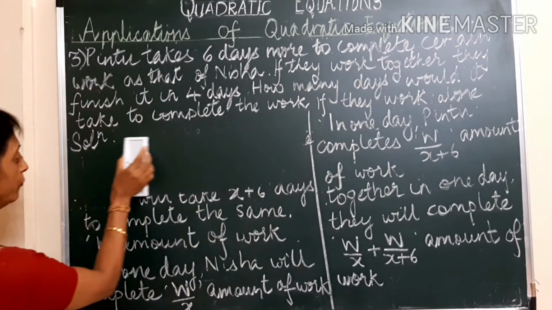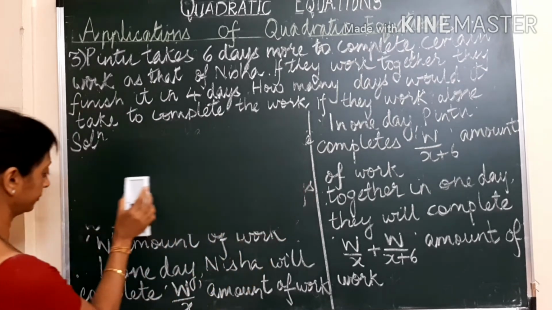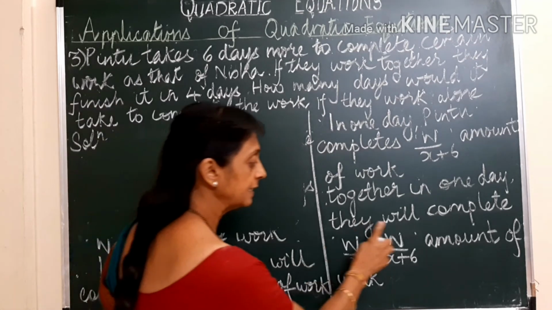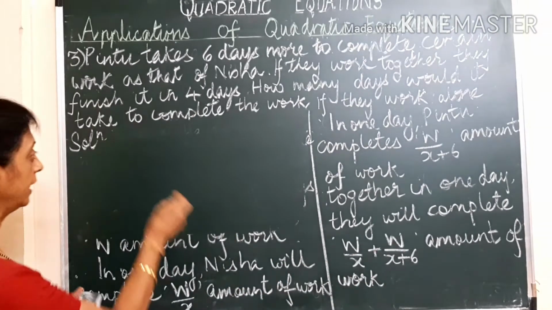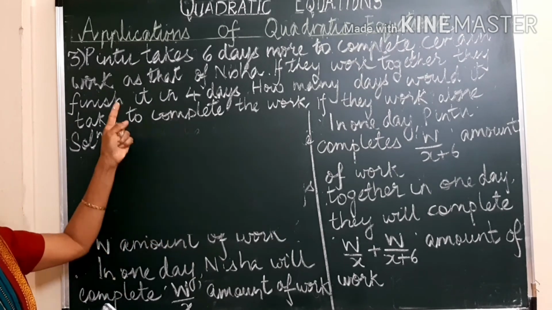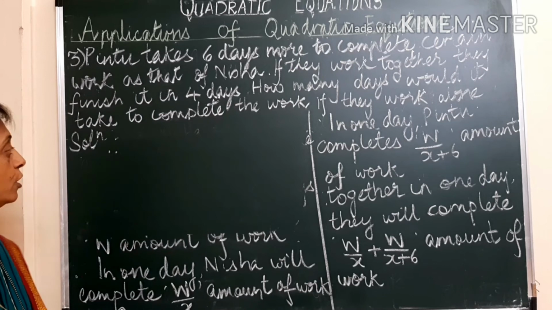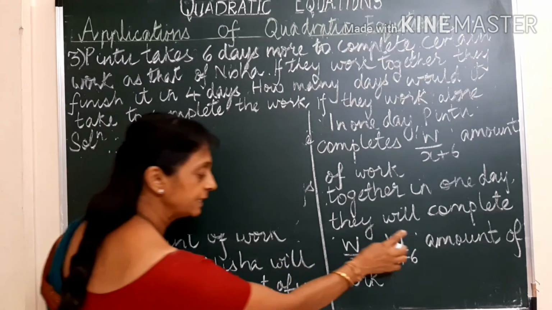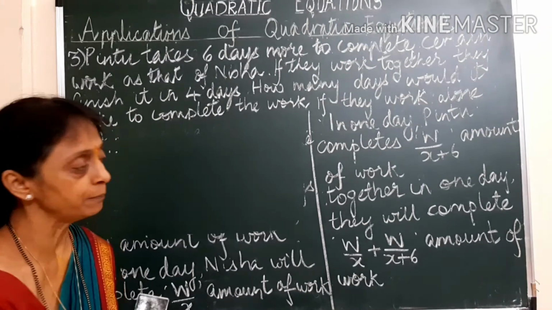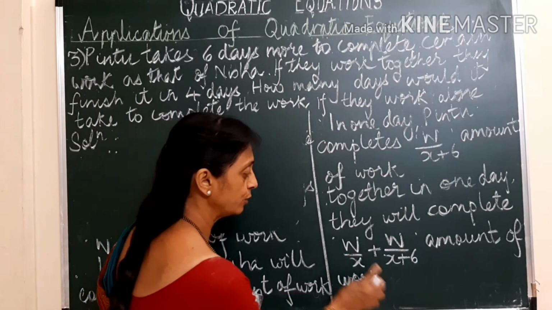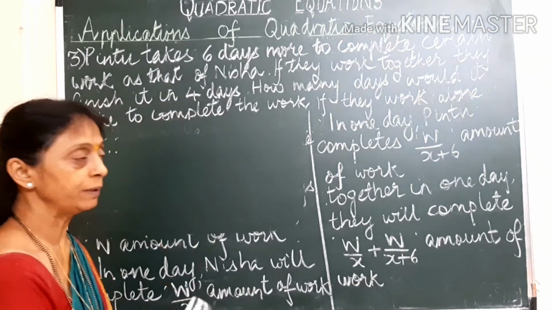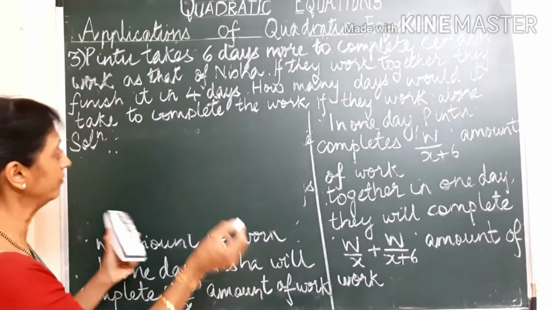Now let's see the equation that we have to form. Together they are completing this amount of work. Therefore, the total number of days that they take is equal to 4. So in 4 days, if they are completing this much work in 1 day, how much work will they complete? That will be 4 into W upon x plus W upon x plus 6, which will be equal to the entire work.